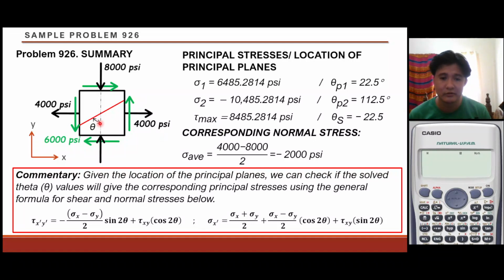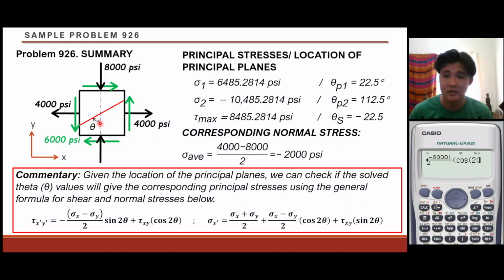Okay, calculator. Our stress X is 4,000 plus stress Y, which is negative 8,000, all over 2, plus stress X of 4,000 minus 8,000 all over 2 times cosine 2 theta.